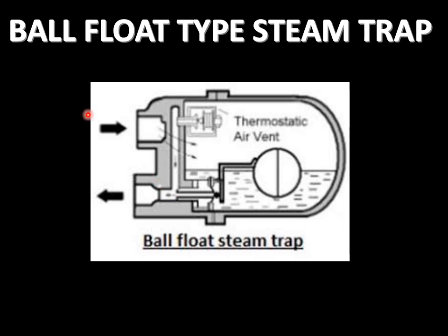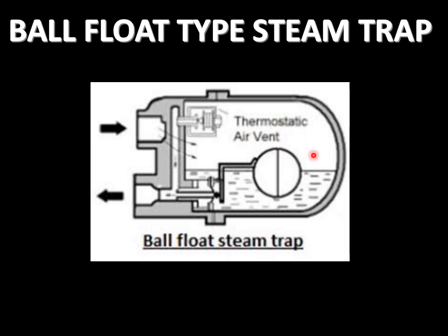Initially, when there is no steam entering or no condensate exiting, the float is at its lowermost position, and this mechanism closes the steam condensate discharge port. Now when the steam enters the steam trap through this port, it is in its vapor phase.